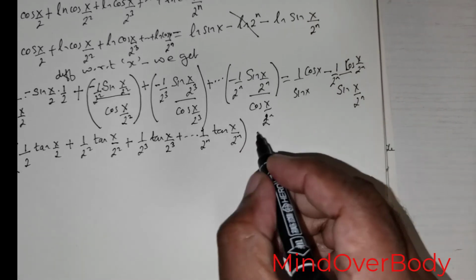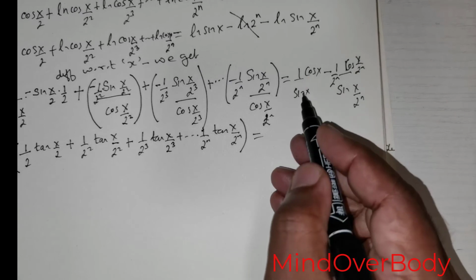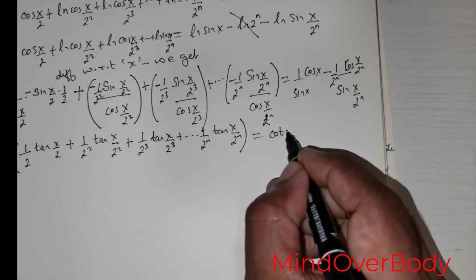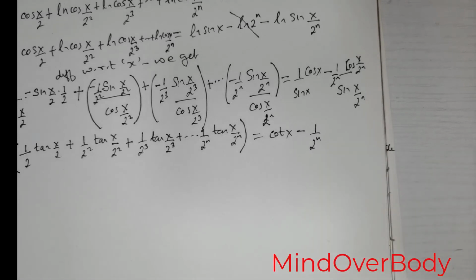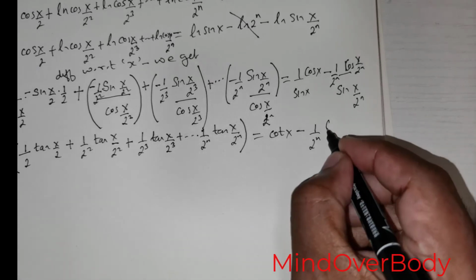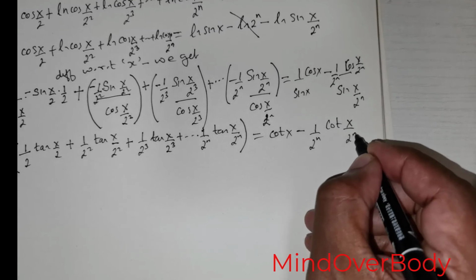Right. Now on this side, this cos over sine, that's cot x, and negative 1 over 2 power n. So this is cot x over 2 raised to the power of n.